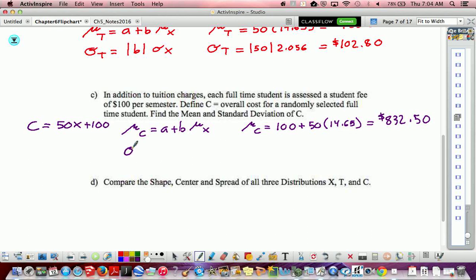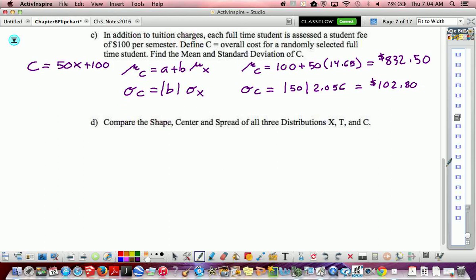The standard deviation of C, however, think about this. You're only doing the multiplication. So the standard deviation of C, however, that 100 does not come into play. So you're just going the absolute value of 50 times the number of credits, again, 2.056, which ended up being $102.80. So that didn't change.